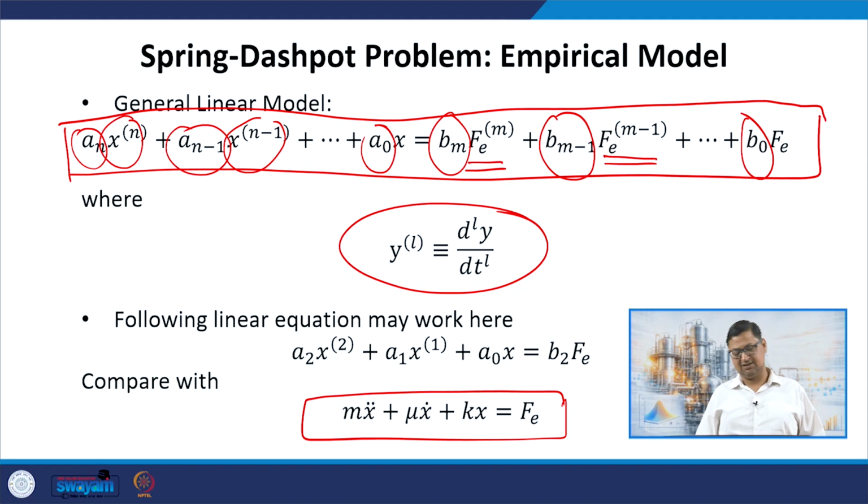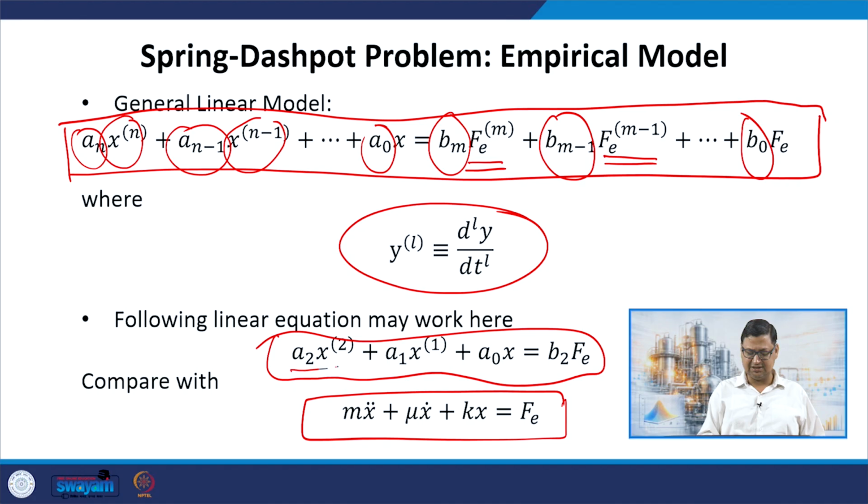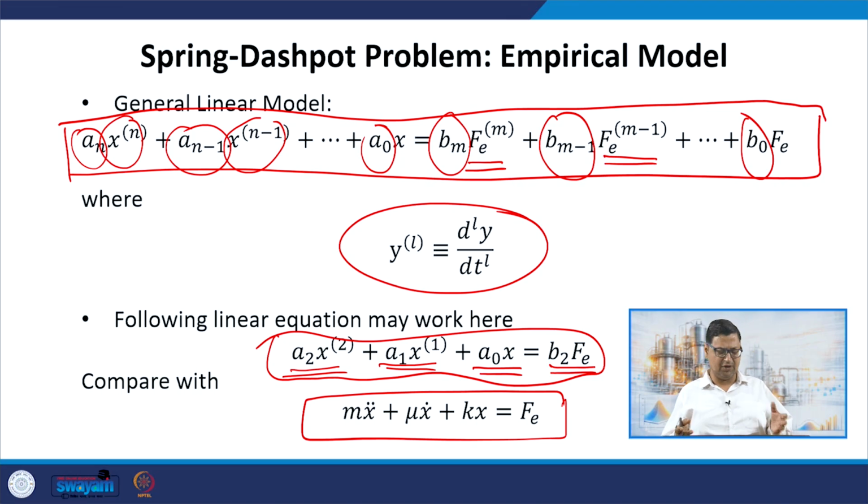So, one can think that if I now make a totally empirical model considering only these terms, that means only the second derivative of x, first derivative of x, and x itself, and on the right hand side only the fe term, none of the derivatives, that mathematical form is going to be identical to the form that we have got from Newton's second law.